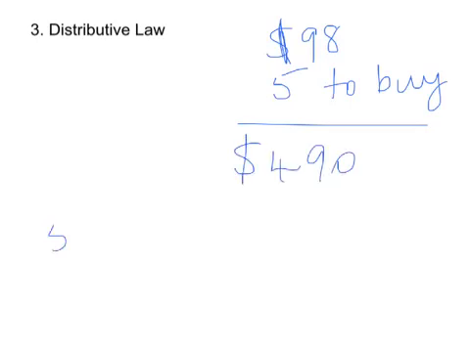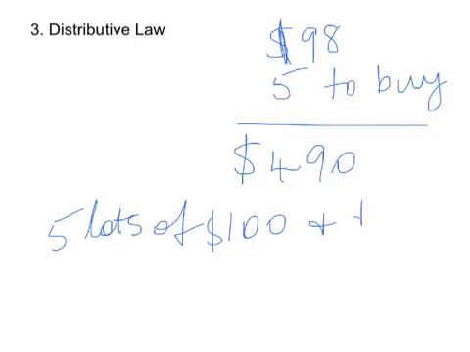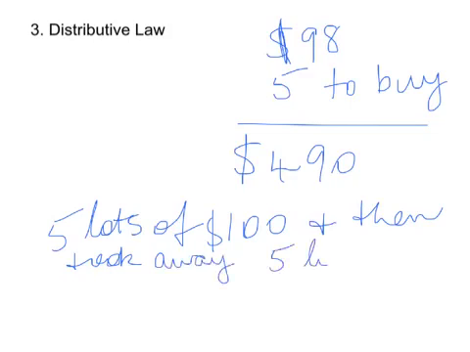So what I did was 5 lots of 100 and then took away 5 lots of $2. So what does that look like in terms of distributive law? I'm really thinking about it in terms of 100 minus 2.